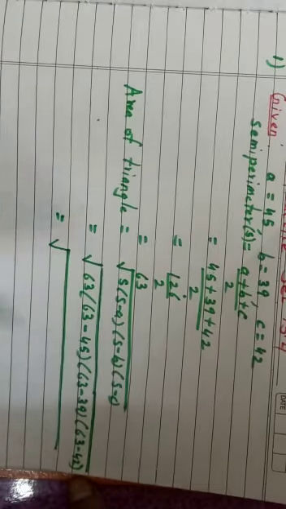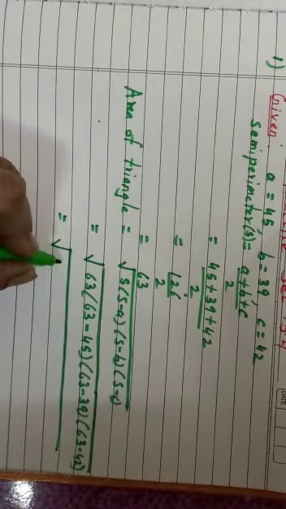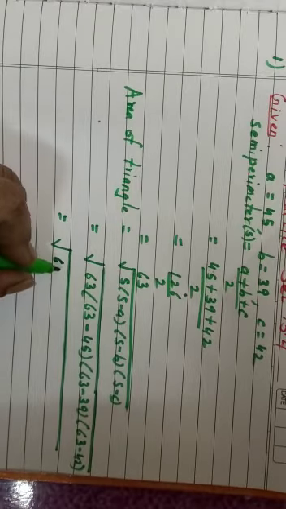Now we have to do the subtraction. Then we will get 63 here, write it as it is.